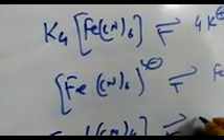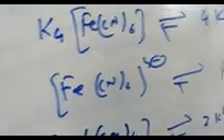If I write K2Cd(CN)4 and ionize, I will find potassium ion and Cd(CN)4 2- ion. And again I will find that Cd(CN)4 2- will be ionized into Cd2+ plus 4CN-.